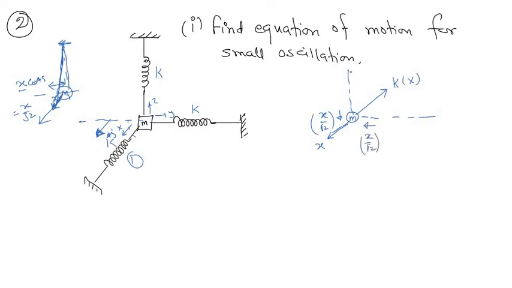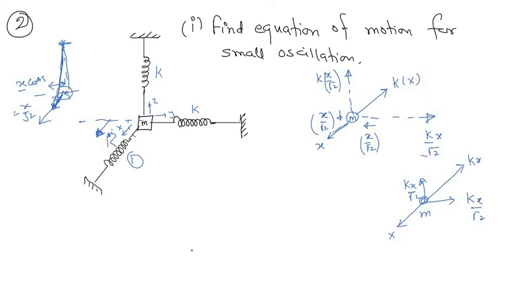So the force will be k times x by under root 2, and this force will also be kx by under root 2. So from here the net force on mass m is kx by under root 2 in this direction, kx by under root 2 in this direction, and there is a force kx. Okay, so we have displaced by x in this direction, and we got these three forces in these directions.